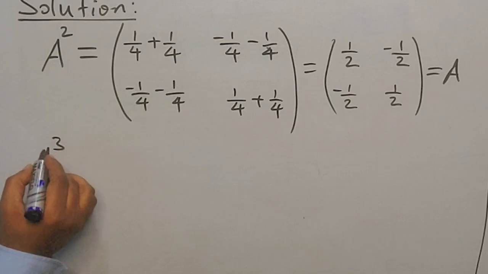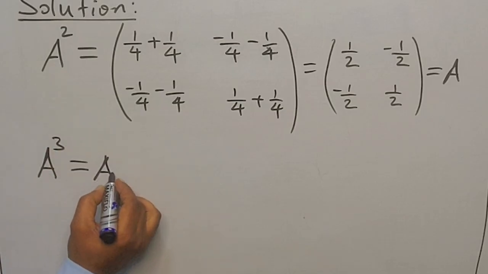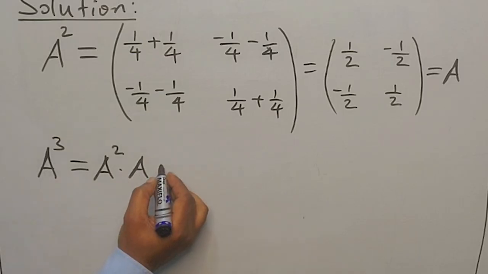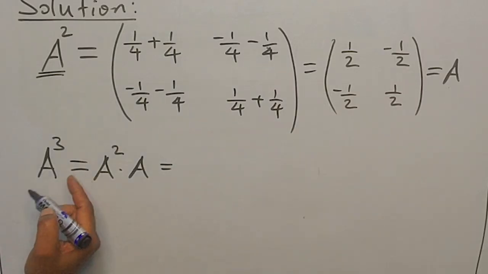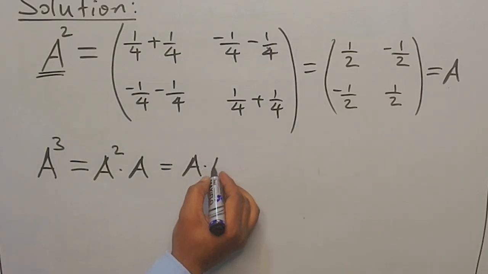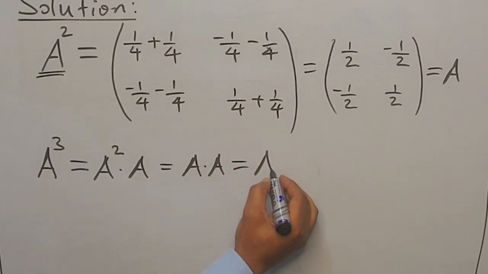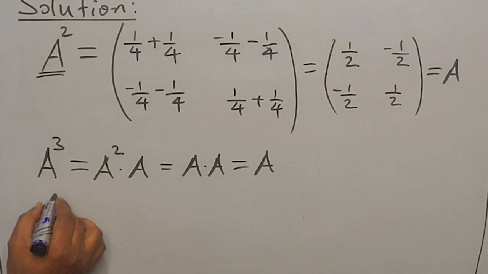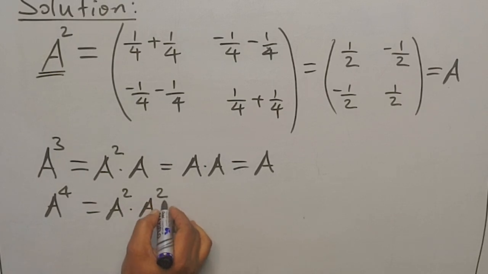What about A cubed? A cubed means A square times A. And we got here A square is A. So A square times A is A times A, that's A square, and again A square is A. Therefore, it is A. A to the power of 4 is A square times A square.